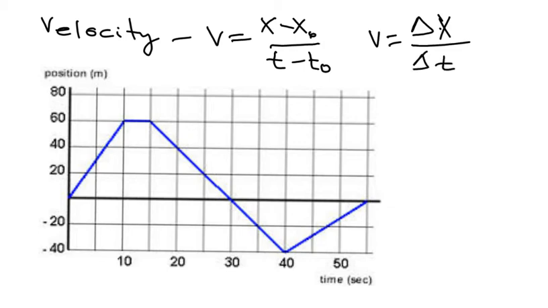And if you notice, this formula looks a lot like the one you know from math, y2 minus y1 over x2 minus x1. Actually, x minus x naught is the rise, and this is the run, t minus t naught.